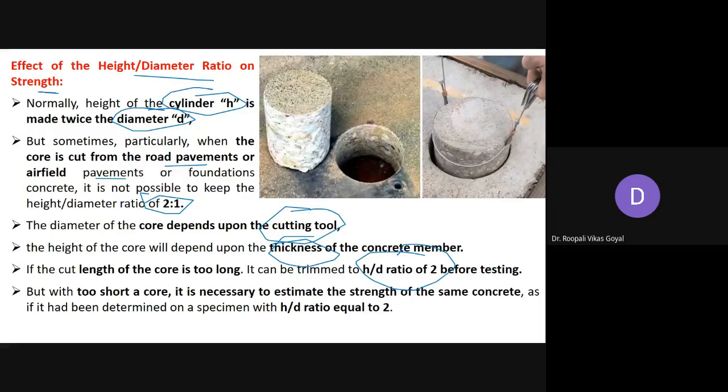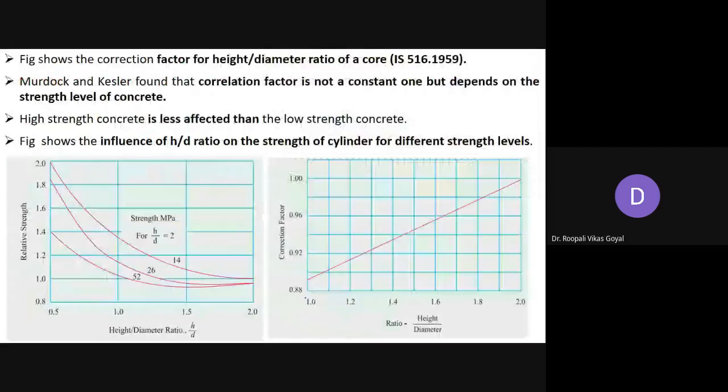Okay, if the core is too short, it is necessary to estimate the strength of the same concrete as it would have been determined in a specimen with h upon d ratio equal to 2. So try to get h upon d ratio as 2, and if it is not possible, then some correction factors are to be applied. So this figure shows the factor for the height to diameter ratio of a core.